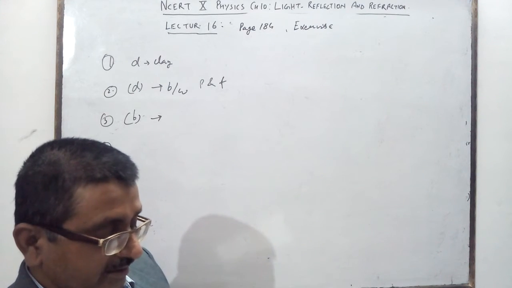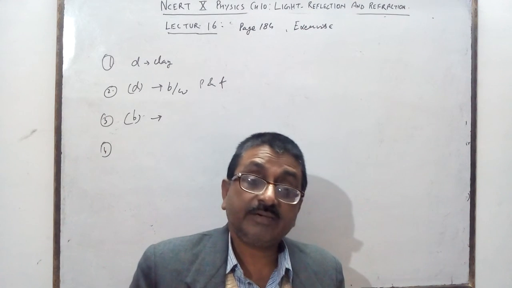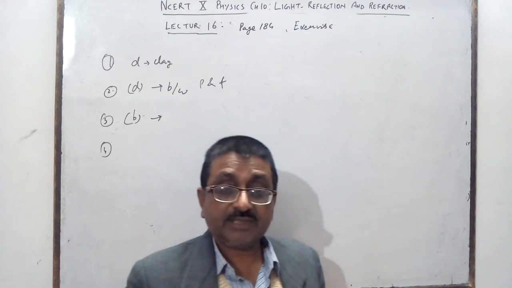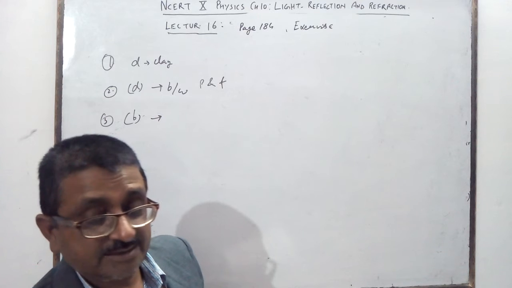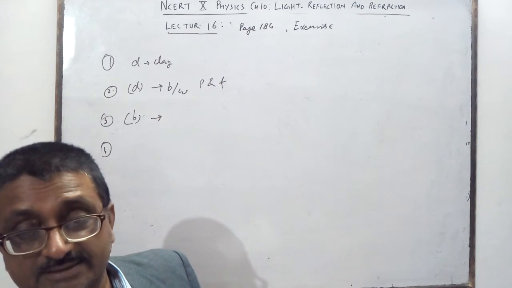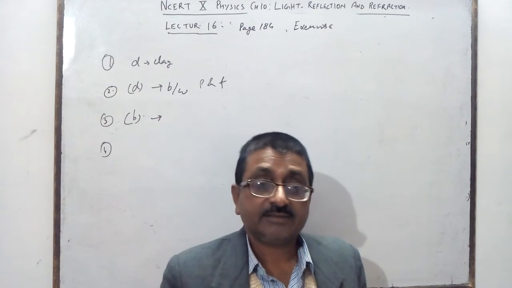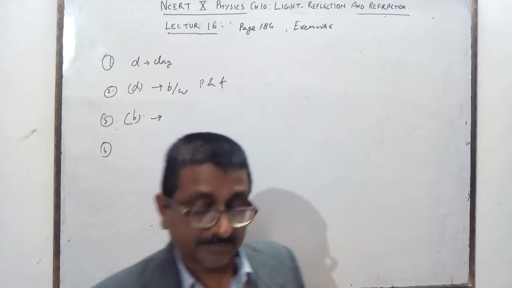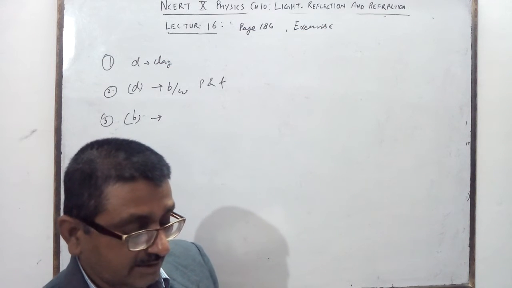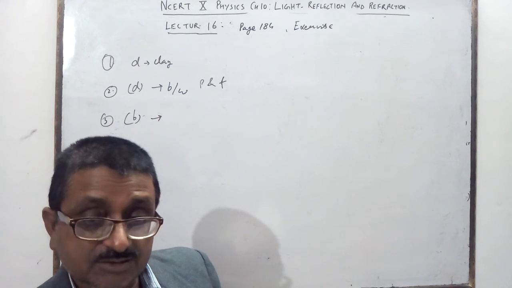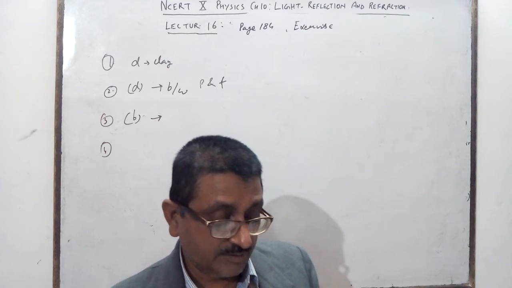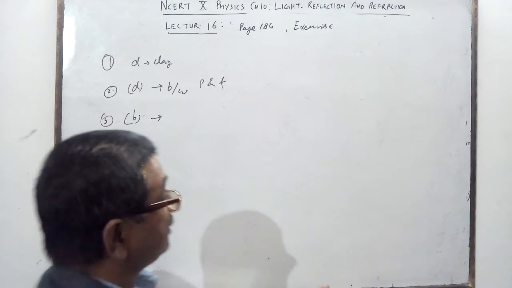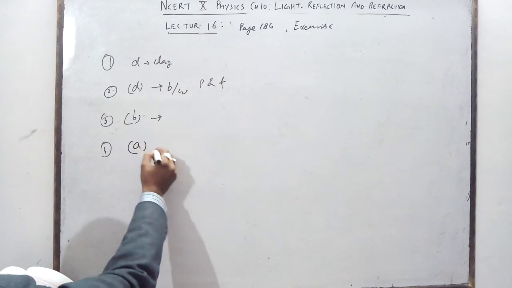The mirror focal length is minus, which is the concave mirror, and the lens focal length is negative, so it is also a concave lens. Both will be concave, so the answer is the first option.